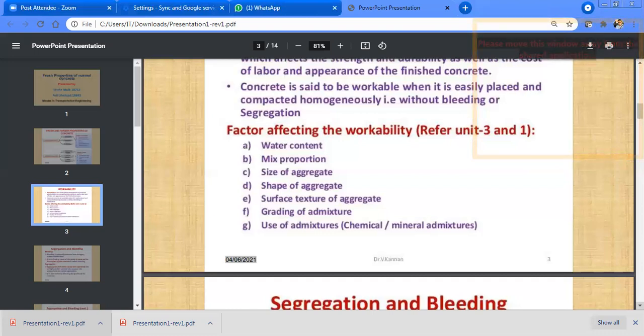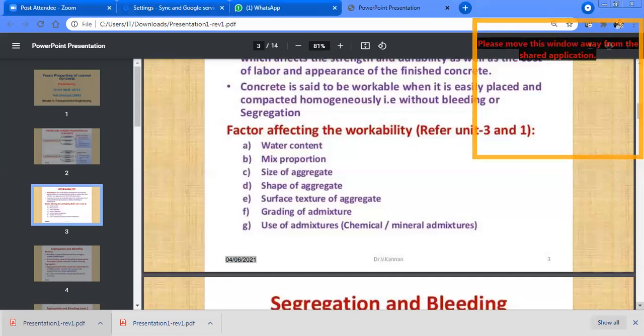In mix proportion, we mean the proportion of sand, cement, and aggregate. The size of aggregate is also a main factor in concrete. The shape of aggregate also has certain limitations.